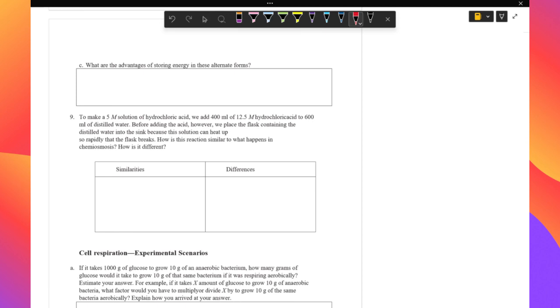So large molecules do not impact osmotic potential as much. Not at all, but not as much. And they're also chemically more stable than ATP.